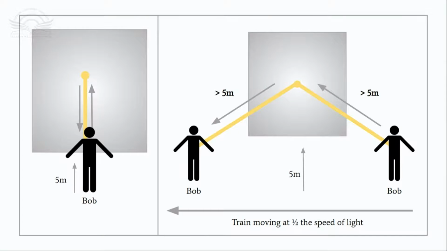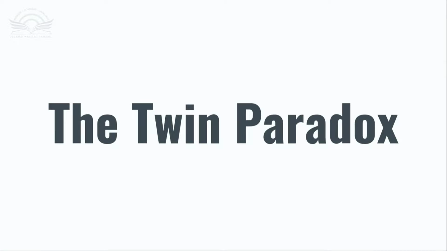Just in case you guys didn't get this, I have another scenario for you. Okay, so this is the twin paradox. It discusses what would happen if two twins are separated.